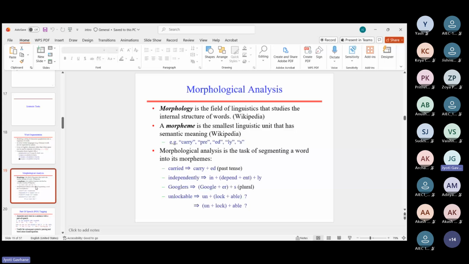Similarly, googlers is not a dictionary word, right? Google is one of the search engines, but based on how we are using a word, based on the generation language, based on the short forms which you will be using, you need to incorporate those words into the dictionary. For example, for by the way you write BTW, so BTW is not a standard word, but you understand what BTW is, right?